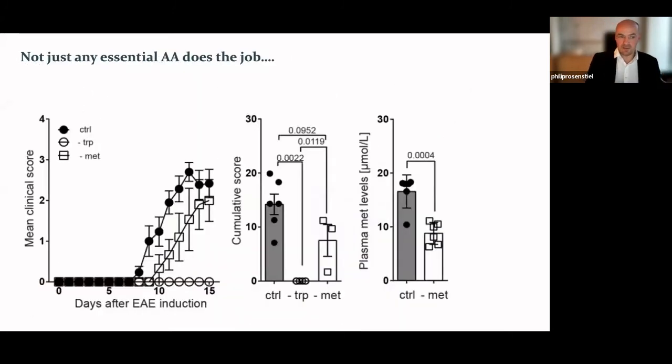If you take a methionine deficient diet on the same microbial conditions, same animal house, then you see a mild inhibition of the immune response, but clearly not a clinical score reduced to 0, and the histology was also not affected by the methionine. So it's not just the essential amino acid, it must be something different.